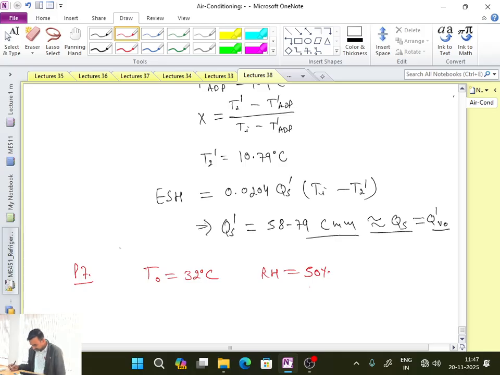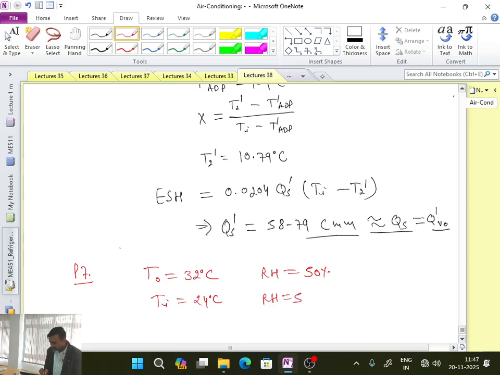The indoor design conditions are again the same, 24 degrees Celsius and RH is 50%. The RSH and RLH are 15 kilowatt and 3 kilowatt respectively.